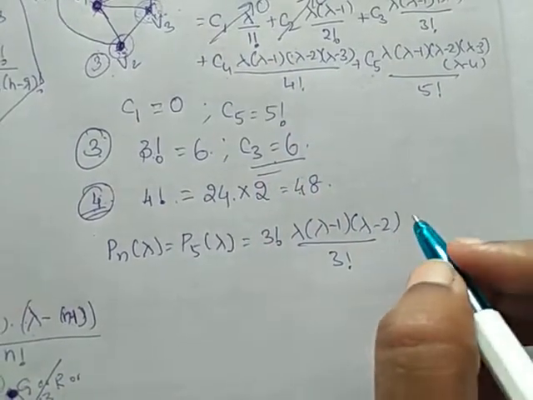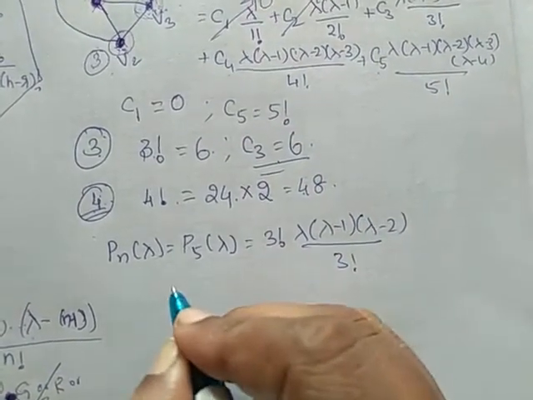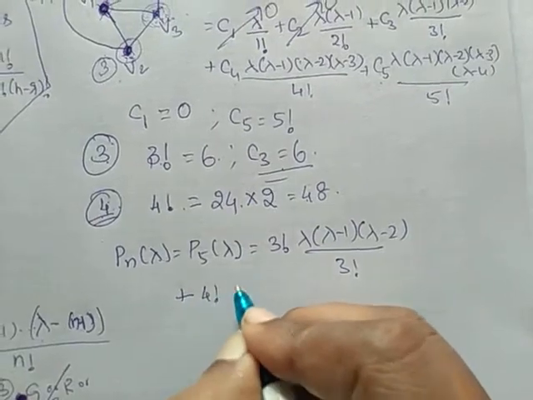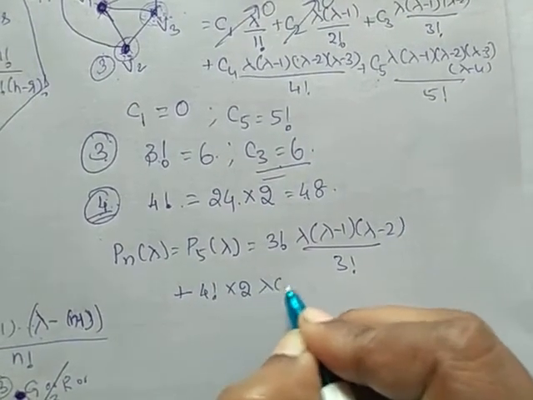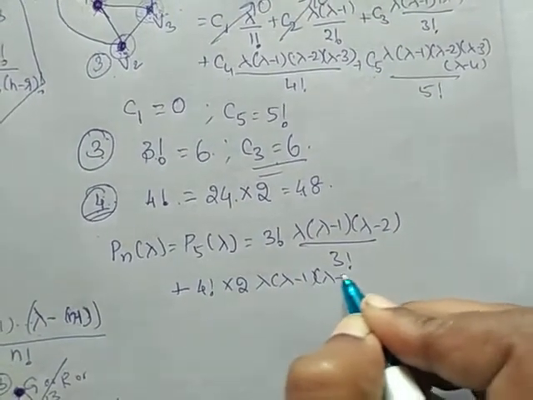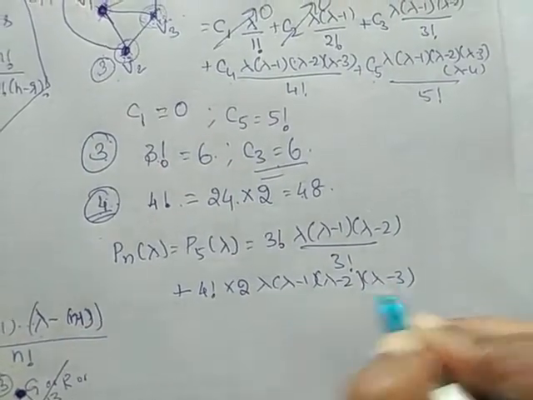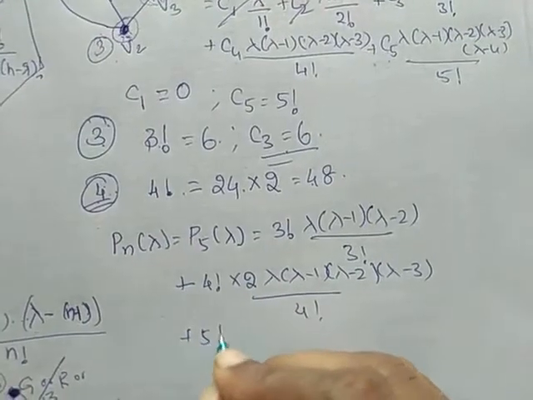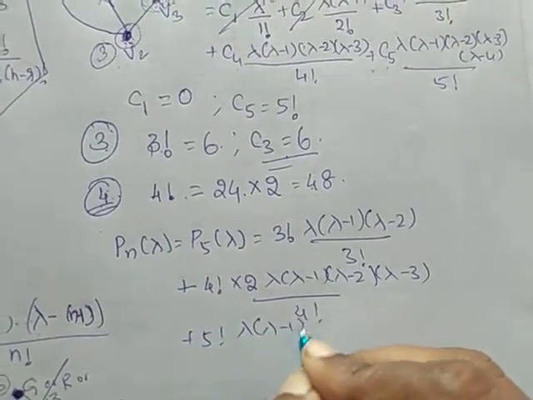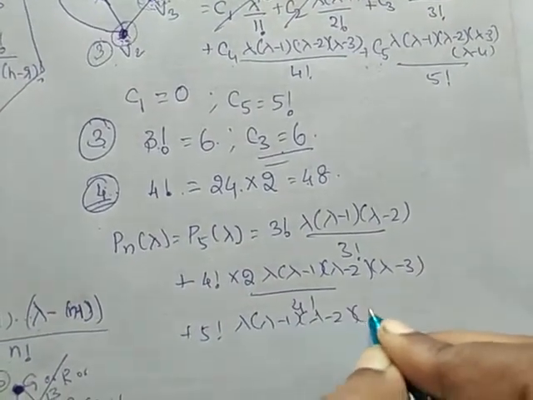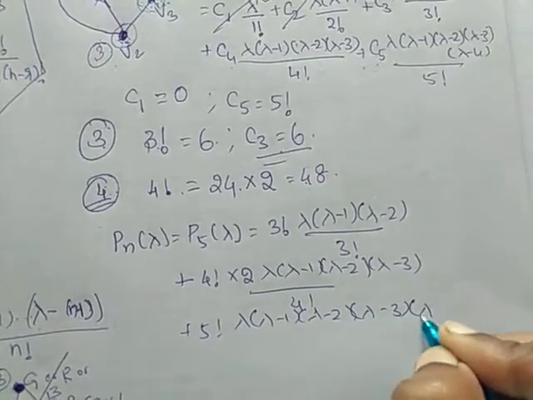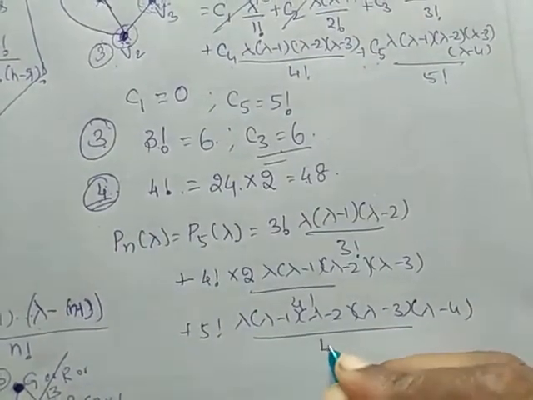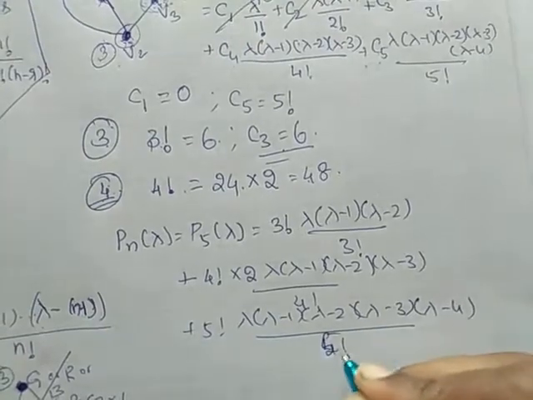C4 is 4 factorial into 2, lambda, lambda minus 1, lambda minus 2, lambda minus 3 by 4 factorial. C5 is 5 factorial, lambda, lambda minus 1, lambda minus 2, lambda minus 3, lambda minus 4 by 5 factorial.